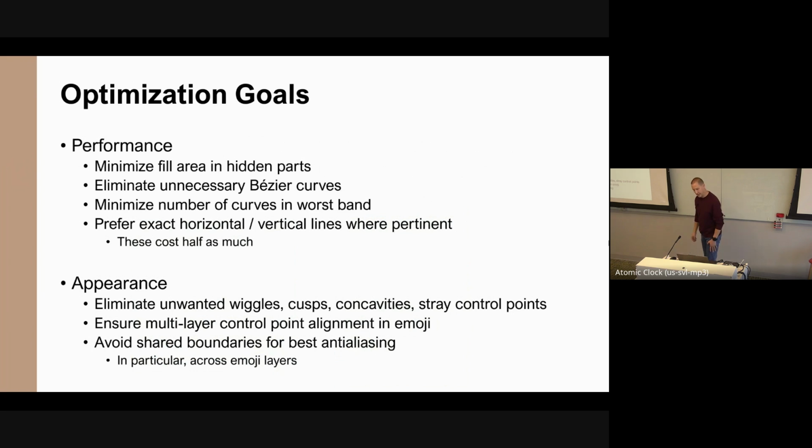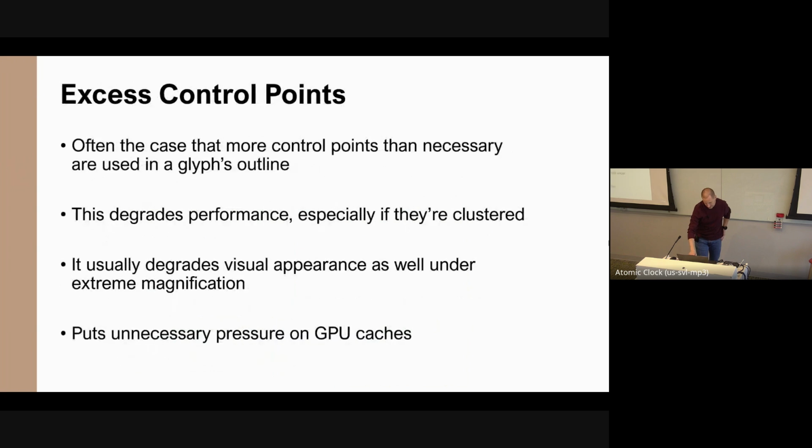All right, so we're going to see a lot of examples of unwanted wiggles and cusps and concavities and stray control points, especially in emoji. And there's going to be a whole bunch of special cases that I'll show you for optimizing visual appearance. So we're going to talk about performance and visual appearance here.